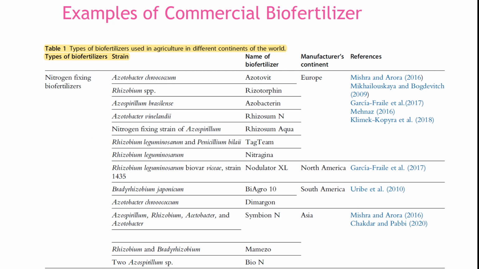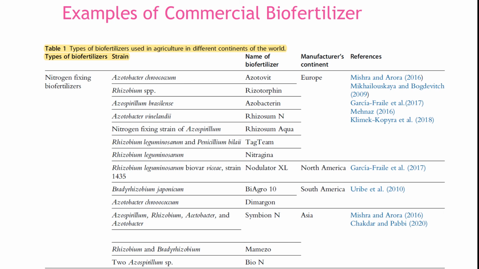Okay, so as a biochemical engineer, you should be able to name some of these common microbes, especially the genus Azotobacter or Azospirillum. This is bacteria and this is fungal. So you should be able to differentiate what are bacteria, what are fungi, and some of the commercial names of the biofertilizer.